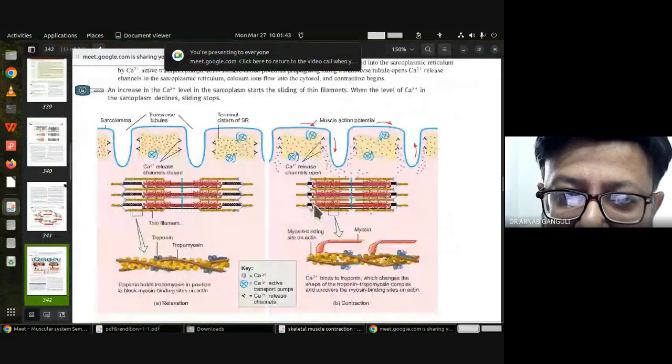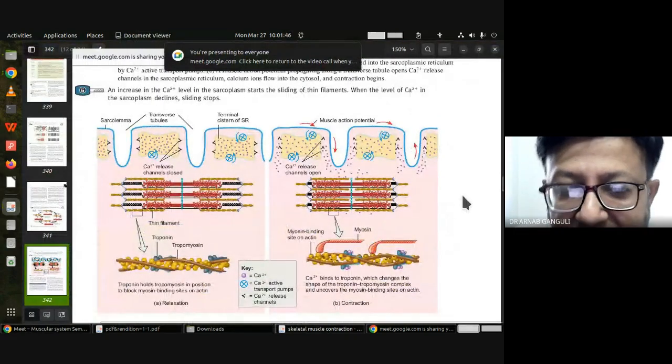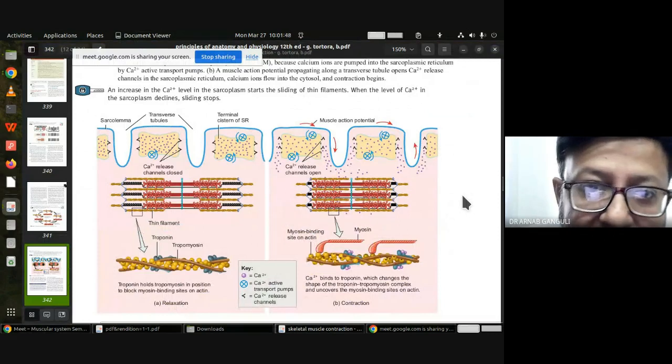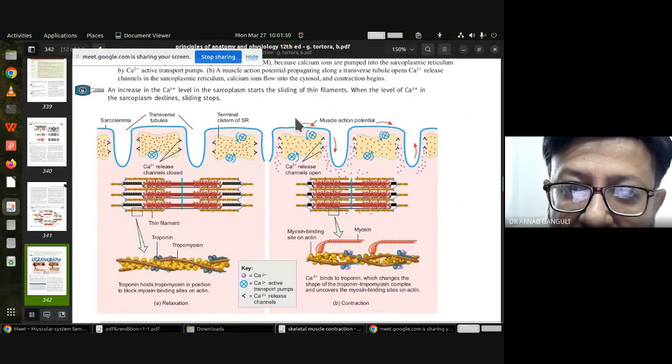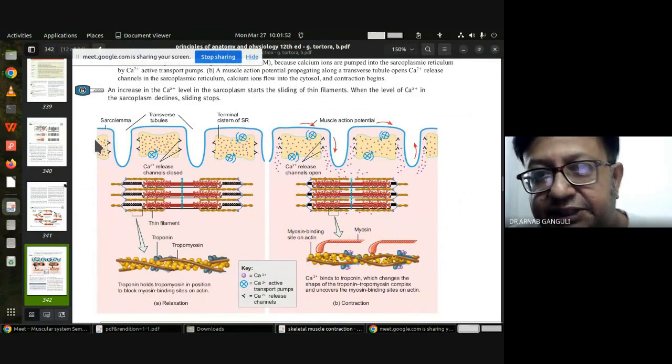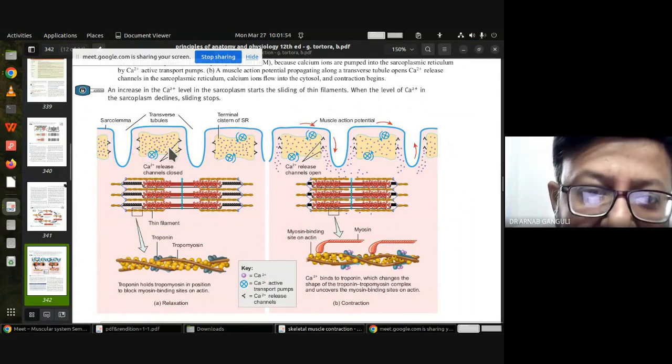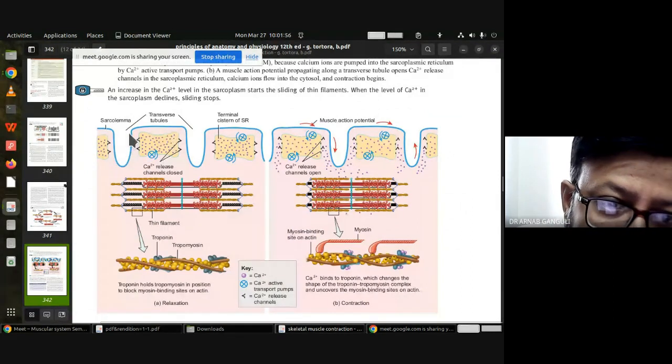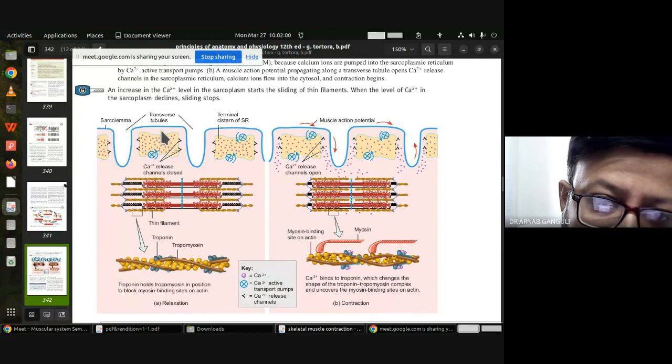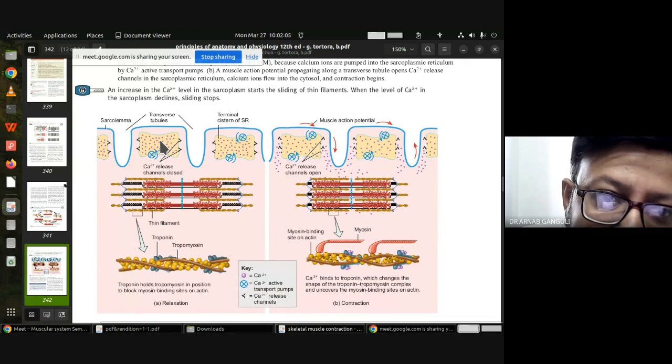Now let us go to what happens actually. A nerve gives a stimulus and an action potential. Normally, this is the sarcoplasmic reticulum, which has lots of calcium. Here you have the transverse tubules.